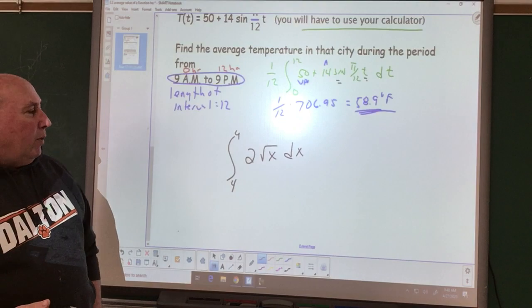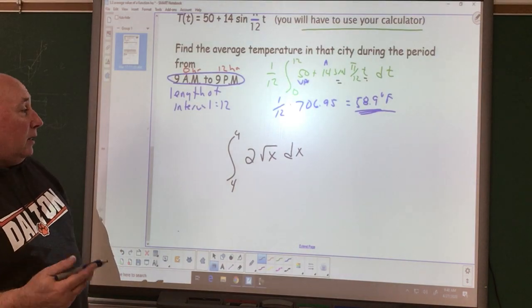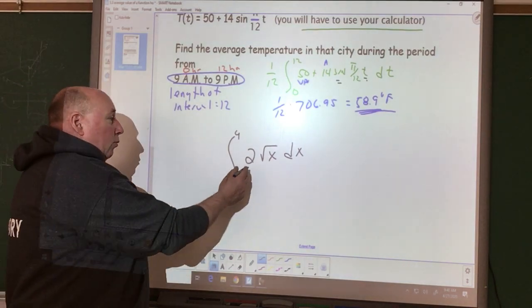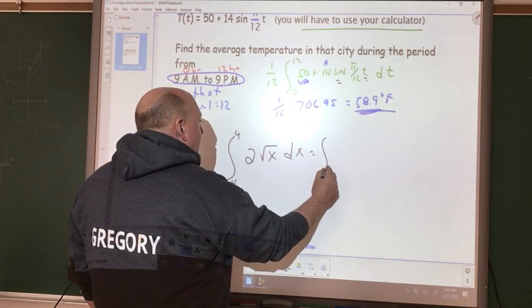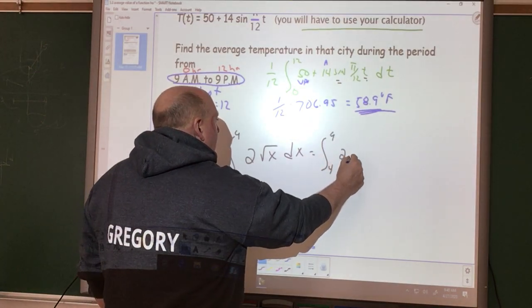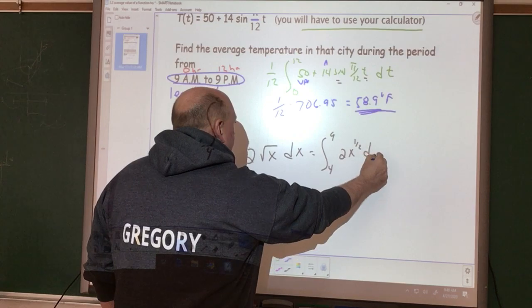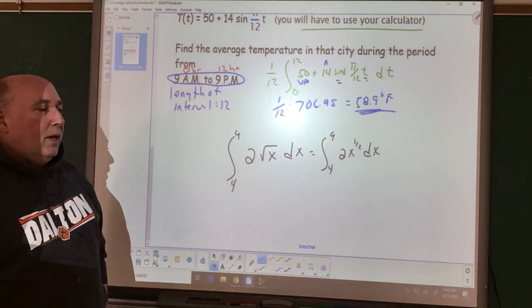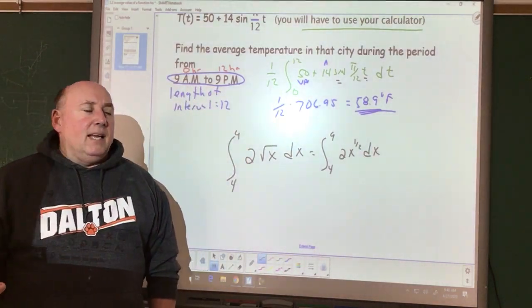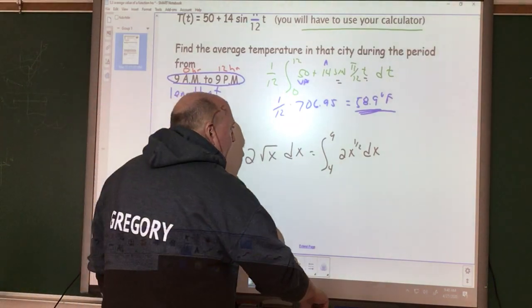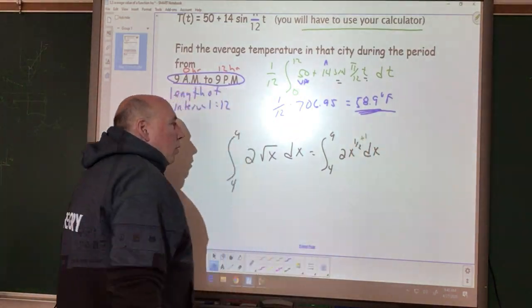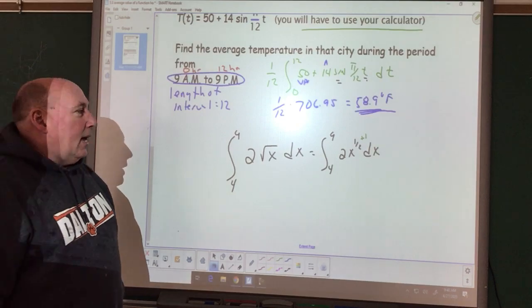I want to be able to calculate this. Well, what we need to do is deal with the exponent rule here. So we have the integral from 4 to 9 of 2x to the 1/2 power dx. Now if I first evaluate my antiderivative, we need to add 1.